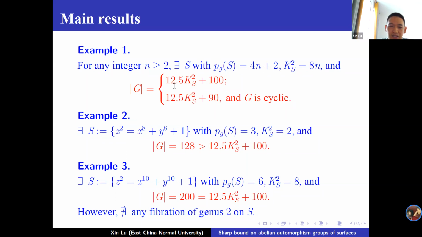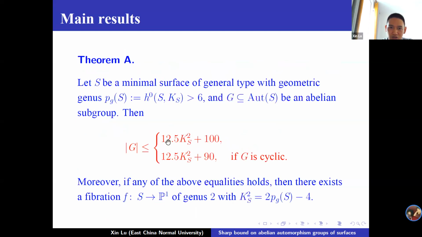And there exists an abelian subgroup G on this surface S whose size is equal to 20.5 K_S square plus 100. And also we can construct another example with a cyclic subgroup which attains the maximum possible. So the bound obtained in our theorem is sharp.